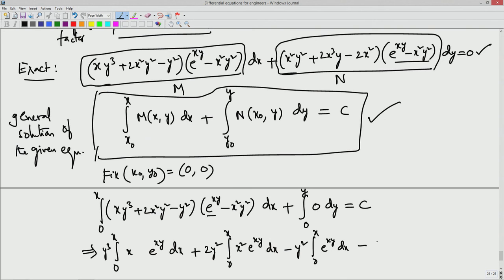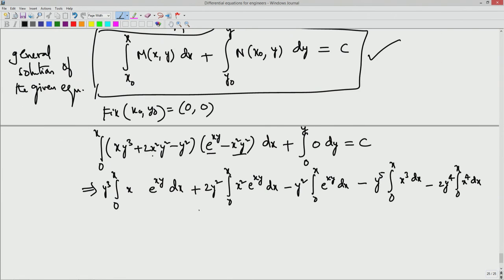Minus y power 5 integral 0 to x x cube dx. And if you multiply the second term here with the second and third terms, you get minus 2y power 4 integral 0 to x x power 4 dx.